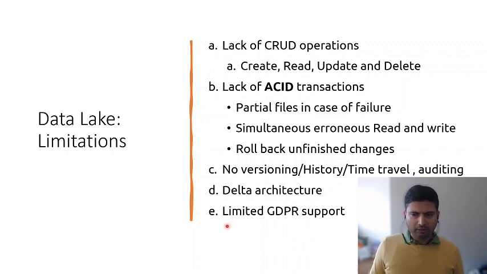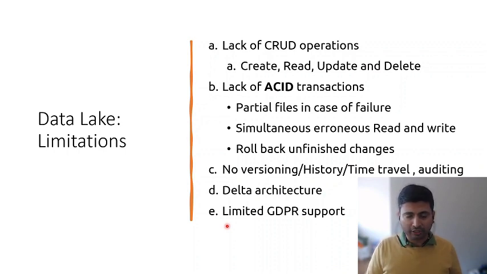GDPR support. Maybe you have heard, I think a couple of years ago there was a law about making sure that if certain vendors or customers or people, any personal data, if that person doesn't want to share with others, that needs to be removed from your internal system as well, or at least should not be made visible to anyone.